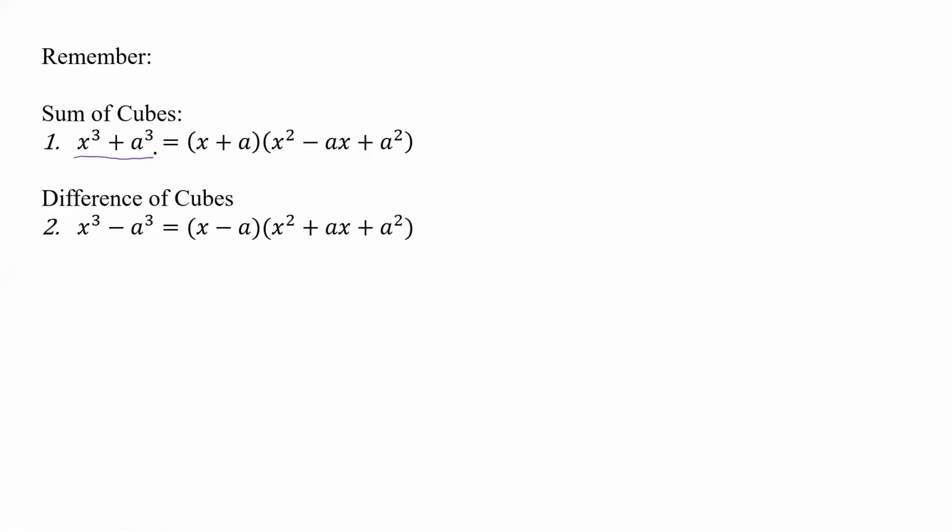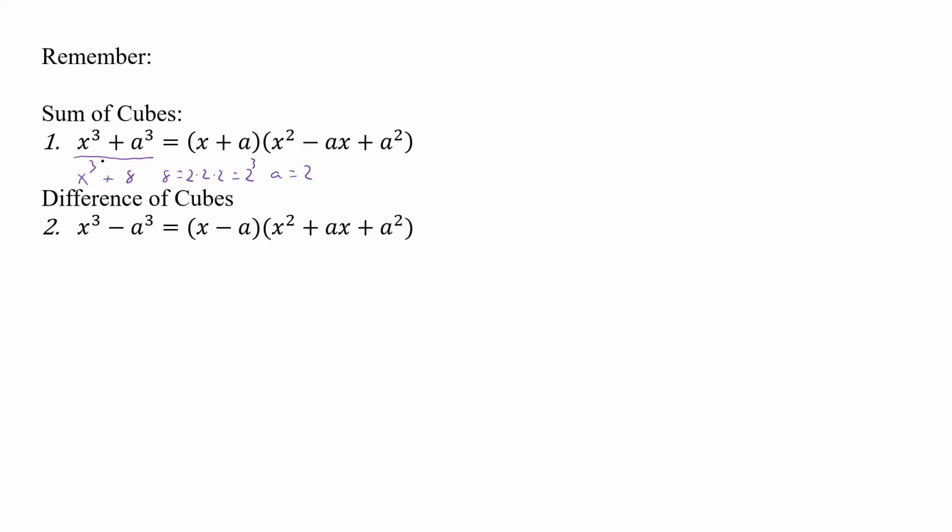So if we had x cubed plus 8, well, 8 is equal to 2 times 2 times 2, which is 2 cubed. And so a is equal to 2. Okay, so then we'd have x plus 2 times the quantity x squared minus 2x plus 2 squared, which is 4.